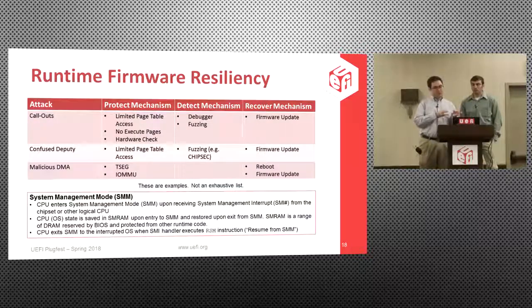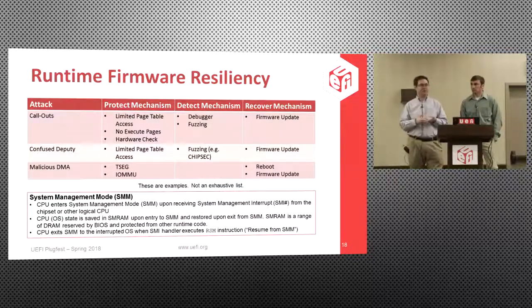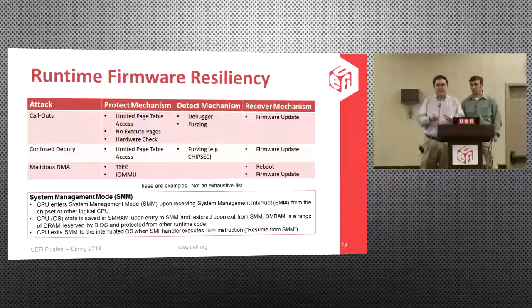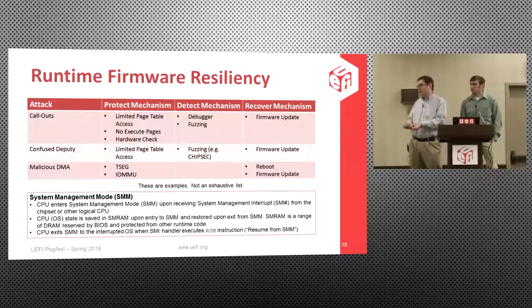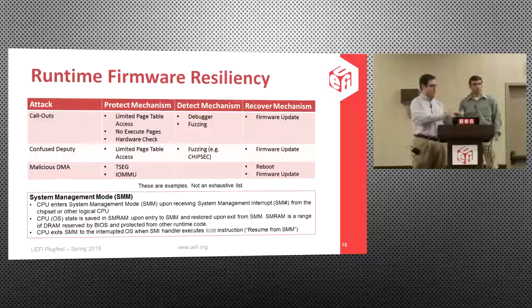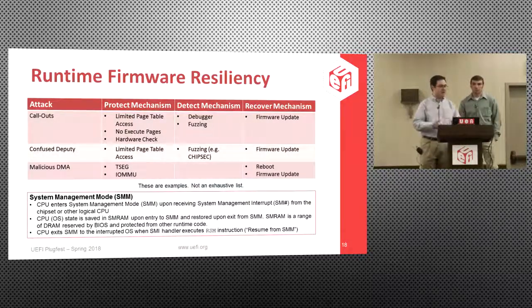When you move from protect to detect, that's where you start doing things like fuzzing or using debuggers, and you realize that there are these code constructs in the firmware that need to be fixed. From a recovery perspective, when we find those things, we usually release a BIOS update, and so that falls back on your update mechanism, often capsule.